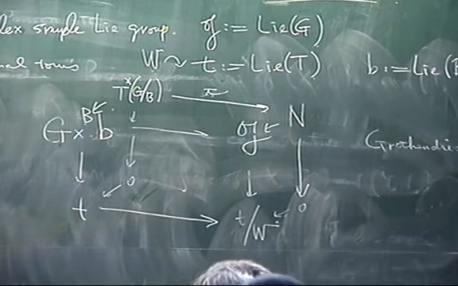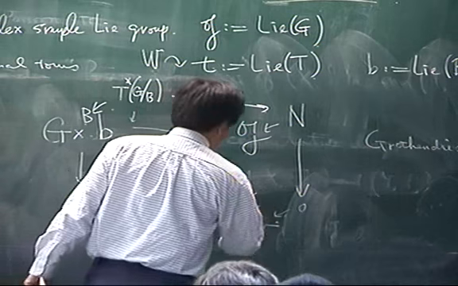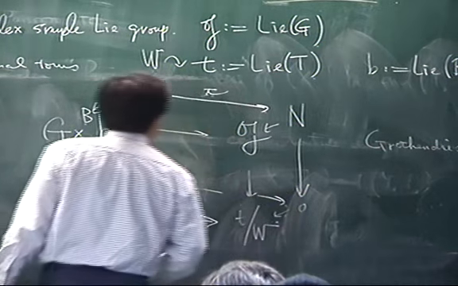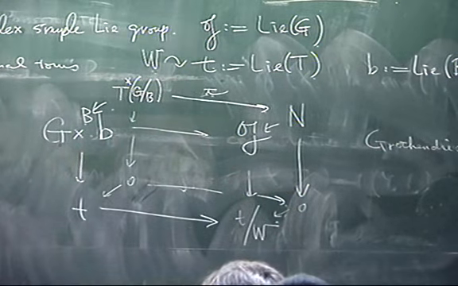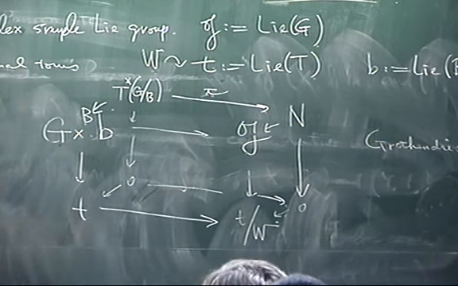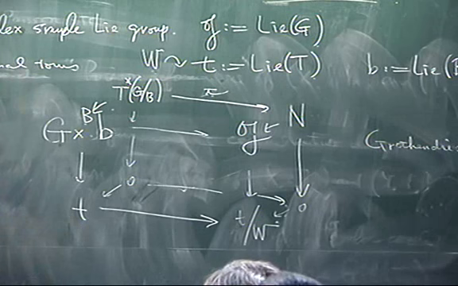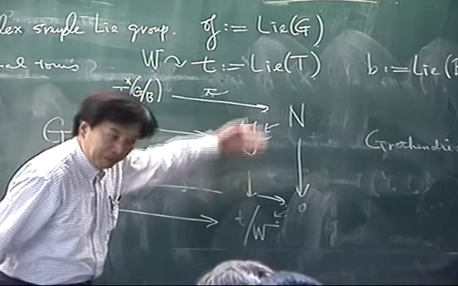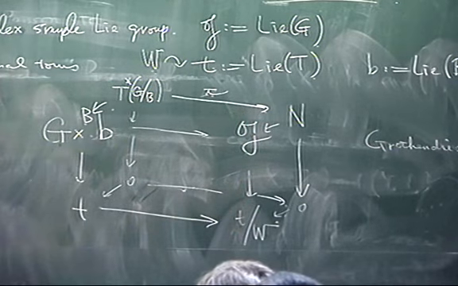Okay, so we get a natural commutative diagram of Poisson deformations. So the aim, then, the question is how to prove that these are universal. This is the main question.